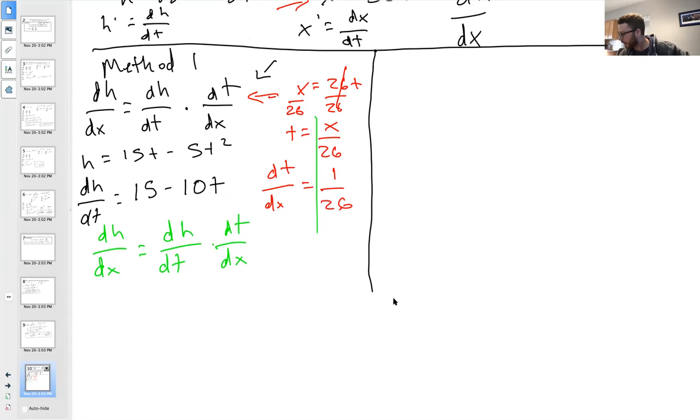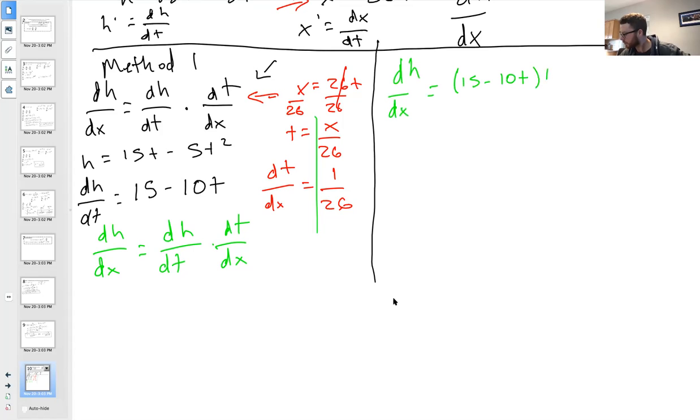So the derivative of h with respect to t we found is 15 minus 10t, and the derivative of t with respect to x is 1 over 26. So we'll just multiply those together.